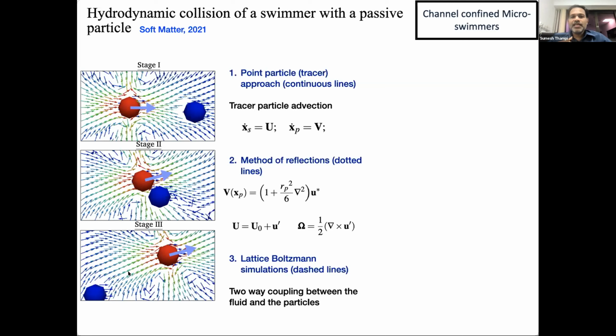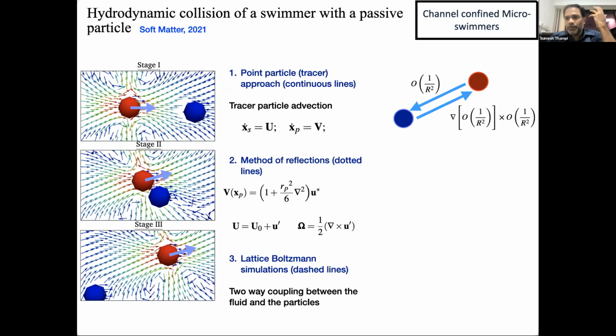And you can see that this entire interaction process is simply mediated by the fact that this is happening in a fluid, and it's a fluid mediated interaction. So we call it hydrodynamic interaction between the particles. Just to tell you how interesting this interaction is, because the particles are different, the strength of interaction is also different.